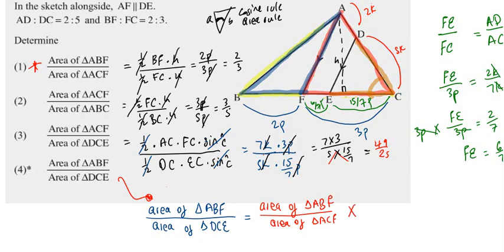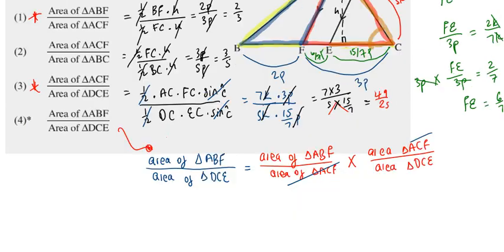Multiply by, where is triangle DCE? This is triangle DCE here. So let me write that one: area of triangle ACF, all divided by area of triangle DCE. Now what do you see there, guys?